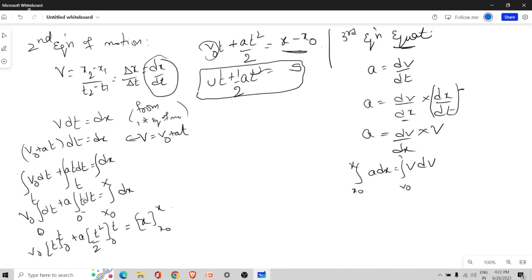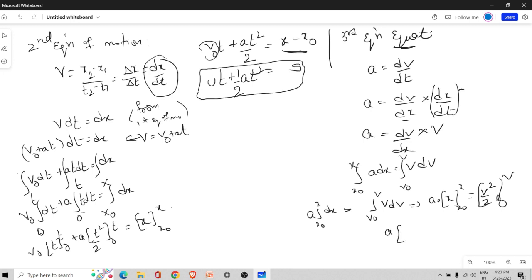Then this becomes a integration x naught to x dx is equal to integration v naught to v of v dv. This implies a into x from x naught to x, and this can be written as v square by 2 from v naught to v.